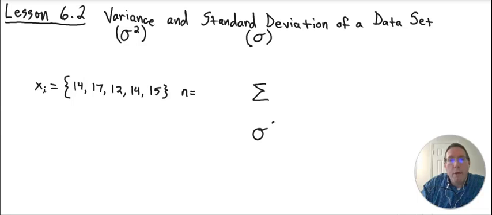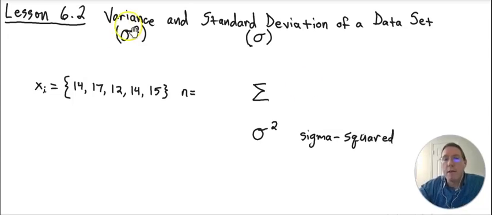And when we put a square on it, we call it sigma squared. In statistics, sigma squared represents the variance of a data set. And the standard deviation of a data set is just called sigma, or the population standard deviation.